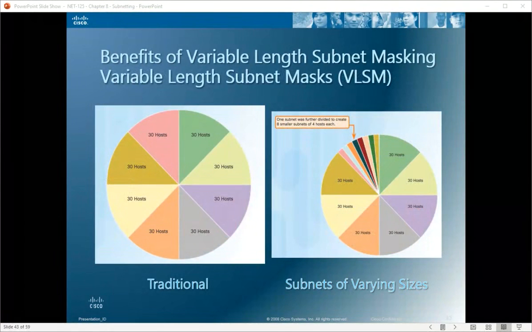So VLSM kind of uses more of what I was talking about earlier. Instead of having 30 hosts each in 8 subnets, we can then say, well, let's take these subnets and split them into smaller pieces to better use the numbers we already have. So in this case, we've got a single subnet of 30 broken up into 8 subnets of 4 each.